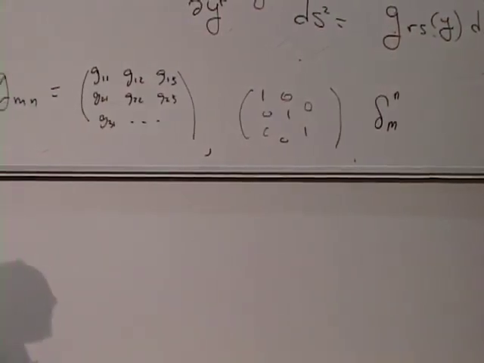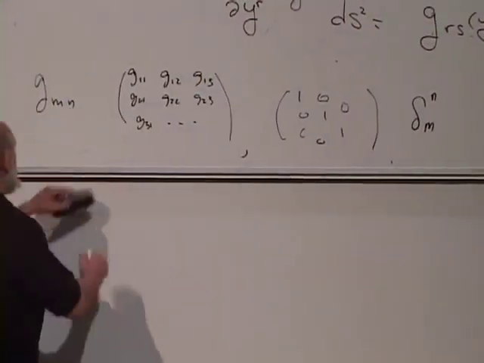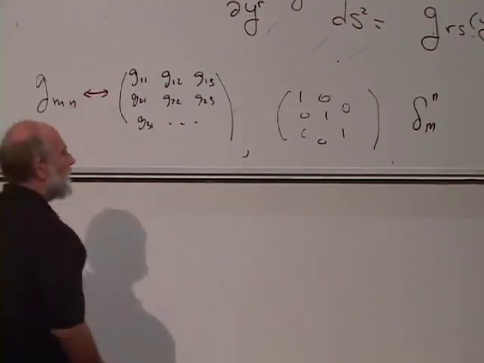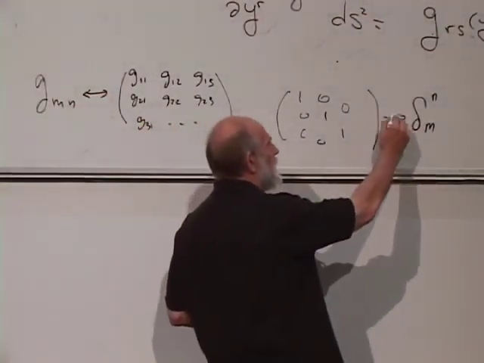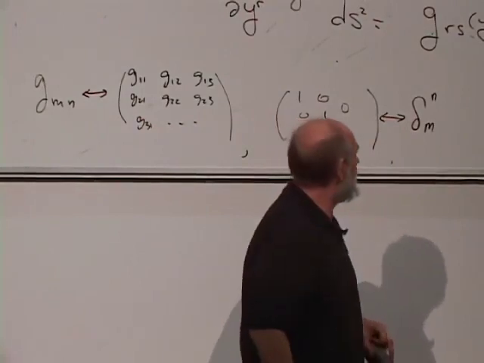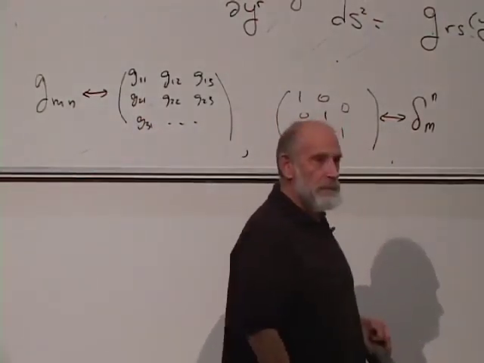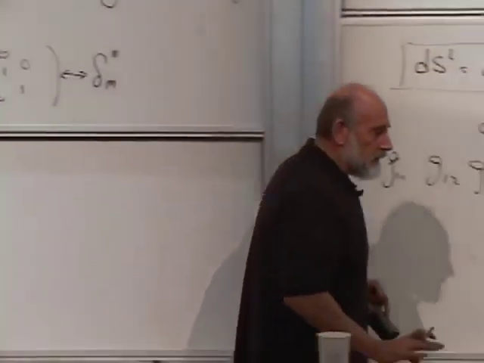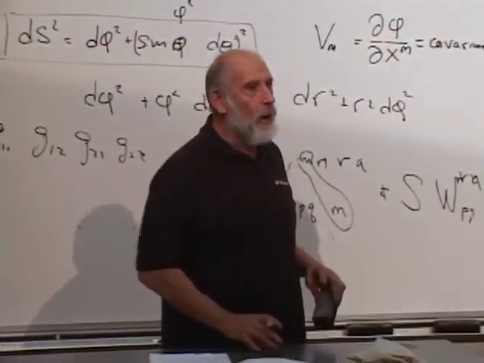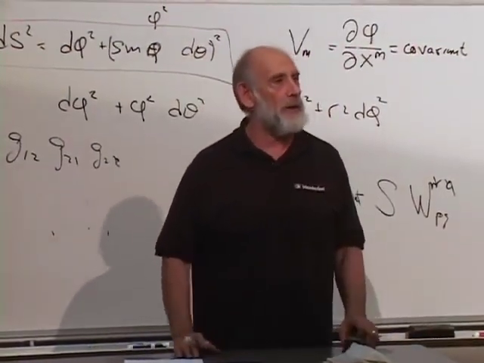Should the m and n on the delta both be lower? No. The Kronecker delta in relativity theory always has one index upper and one index lower.